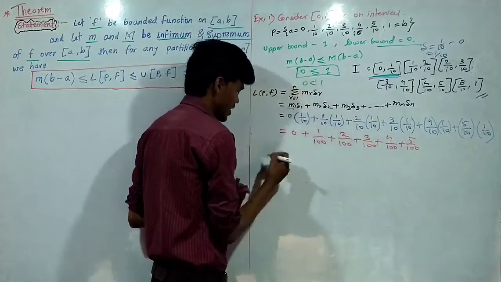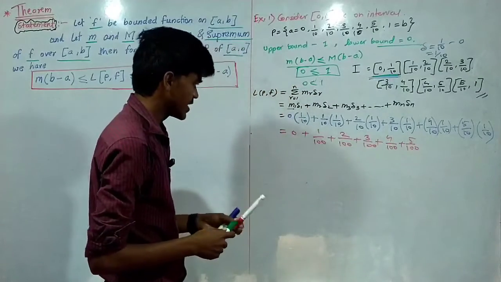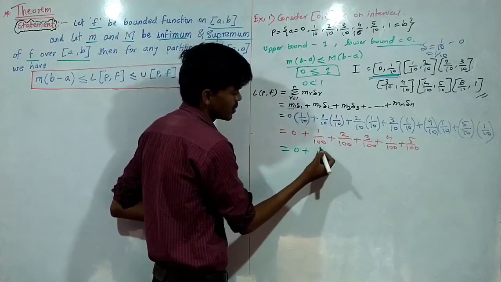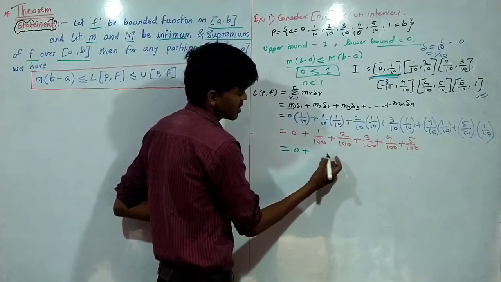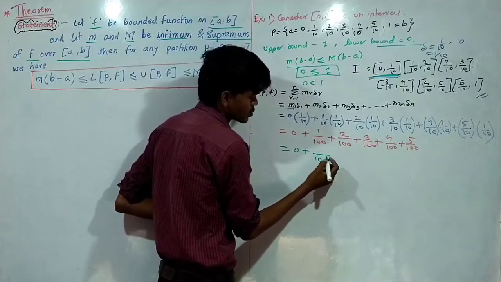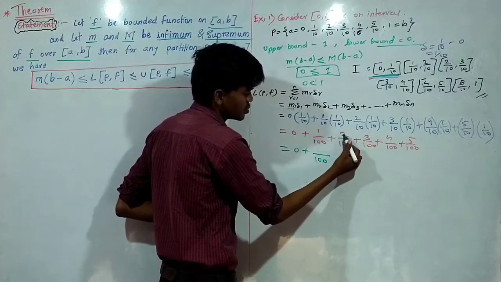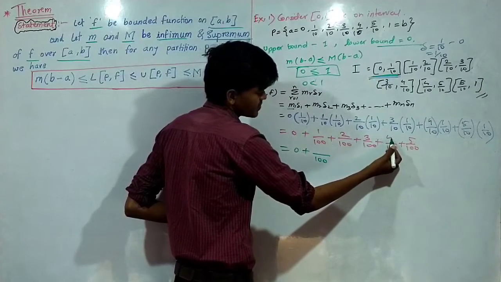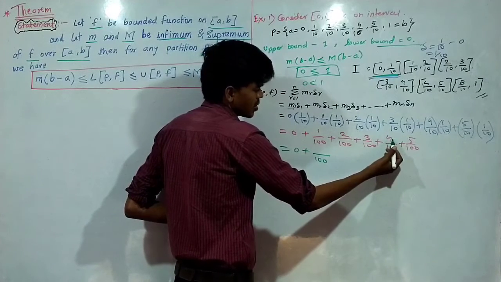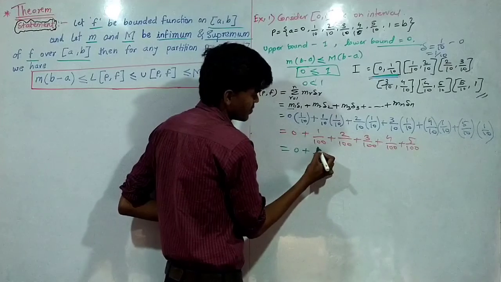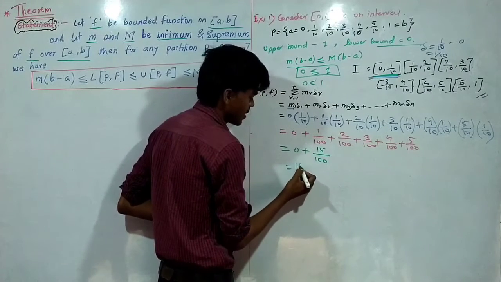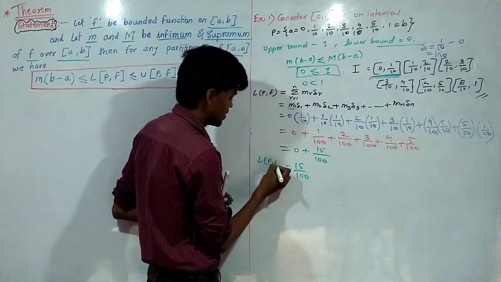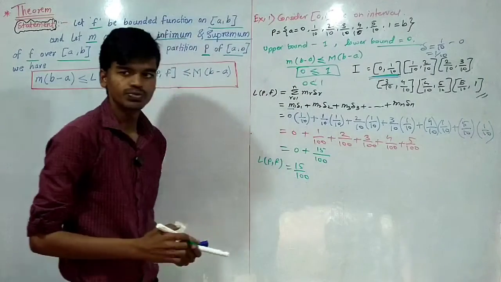So again we need to take a sum now. 0 plus 1 by 100, I will take 100 common, so 1 plus 2 plus 3 is 6, 6 plus 4 is 10, 10 plus 5 is 15, so 15 by 100 we will get here, that is the LPF value.